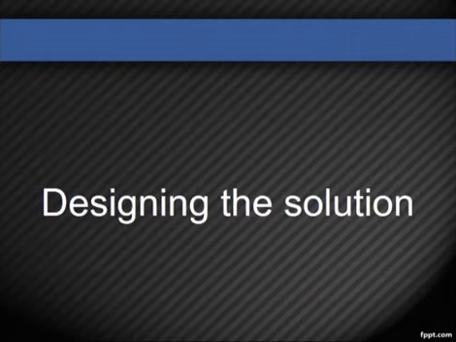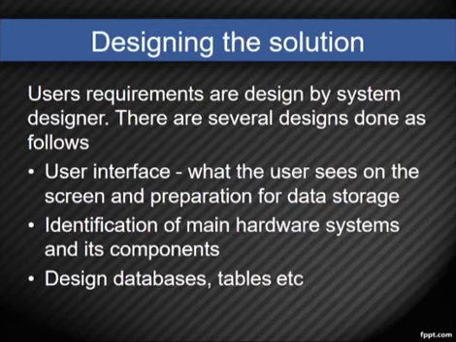Designing the solution. So we learned two things, the identification of the system and the feasibility study, and now we are moving to designing the solution. In the designing part, we have several design stages. Early on we take the requirements and evaluate whether they can invest the money for the system.